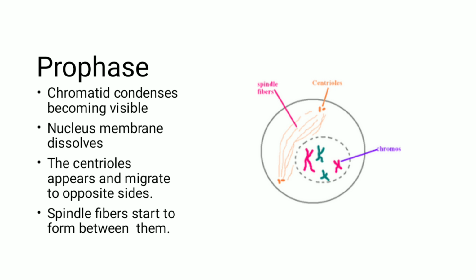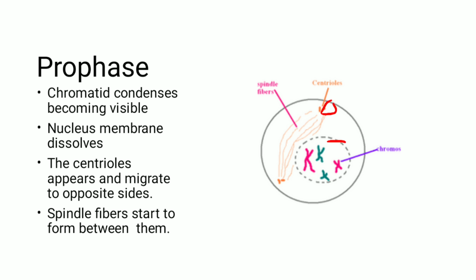In prophase, chromatin condenses, becoming visible. The nuclear membrane dissolves, and can be seen here. This is where the nuclear membrane dissolves and the centrioles appear and migrate to opposite sides.